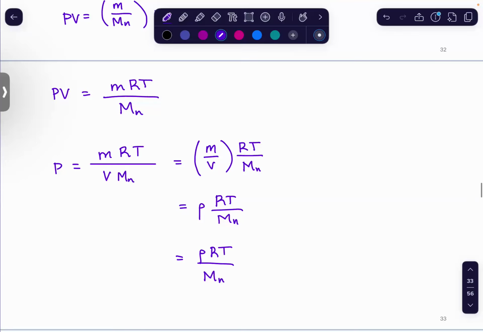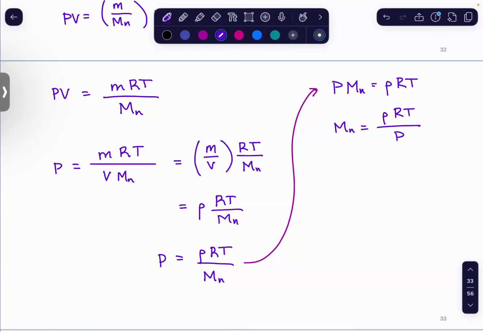Remember, I'm trying to get an equation for molar mass, so I'm going to multiply through by molar mass. That's going to give me pressure times molar mass equals density times R times T. Now divide through by P. So the molar mass of my gas is going to be density RT over P. And that's the formula we had above.